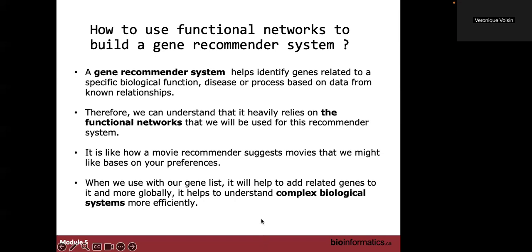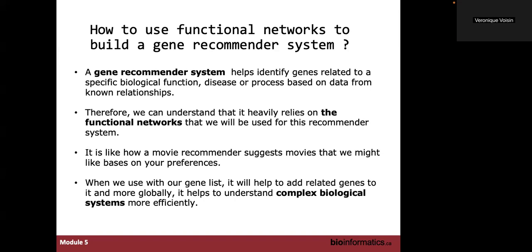So GeneMANIA is a gene recommender system based on functional networks. So what is a gene recommender system? A gene recommender system helps identify genes related to a specific biological function, disease, or process based on data from known relationships. Therefore, we can understand that it heavily relies on the functional networks that will be used for this recommender system.